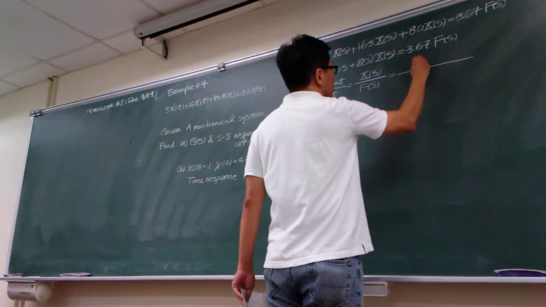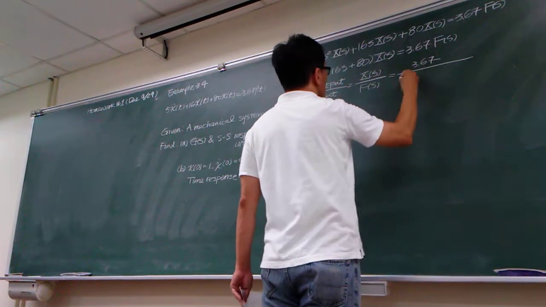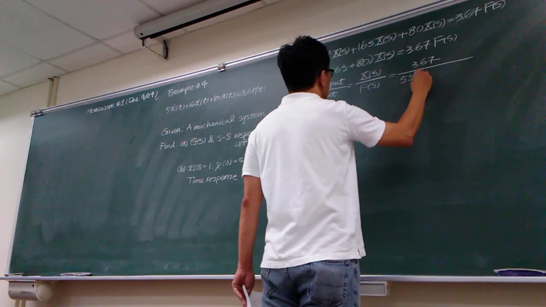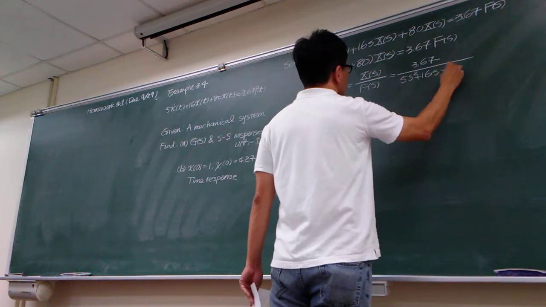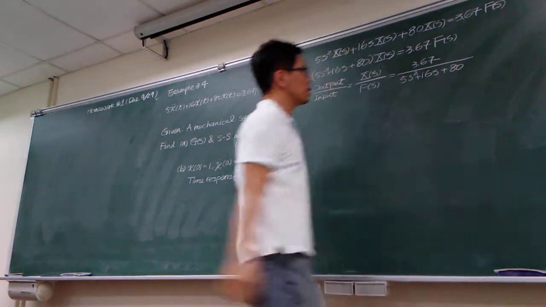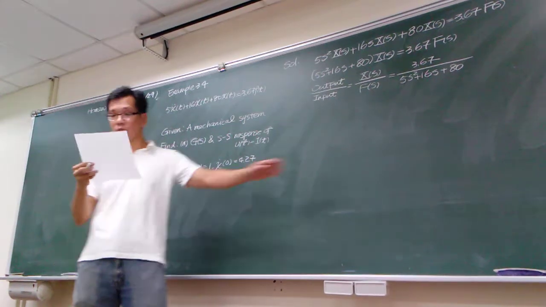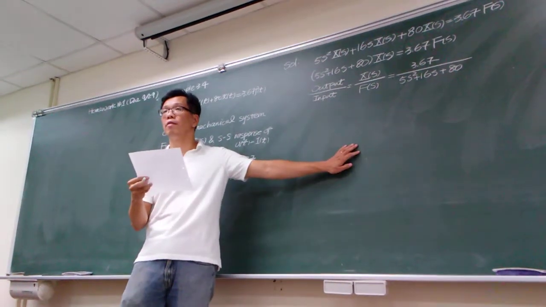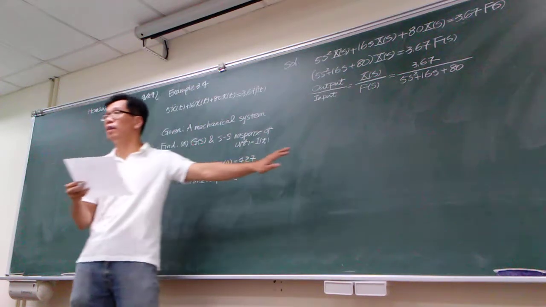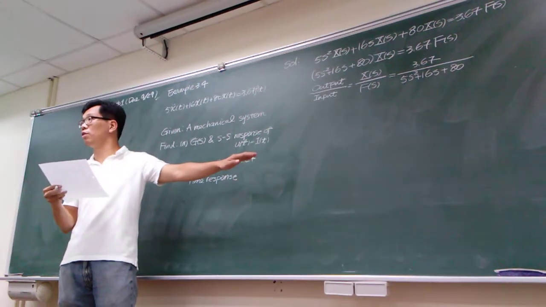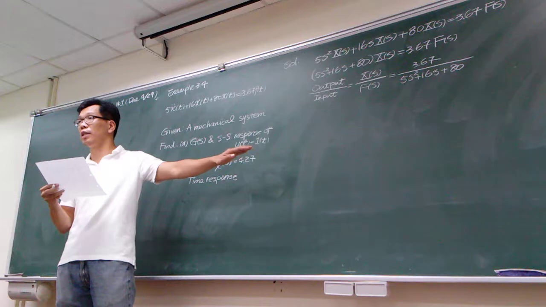Therefore, I got 3.67 over 5 s squared plus 16 s plus 80. Any questions so far? Pretty straightforward, right? This is something you learn in engineering mathematics, alright?